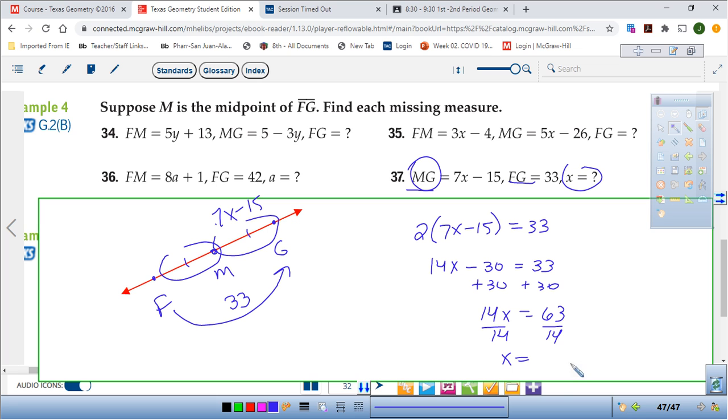X is equal to... I don't know what that is. Okay, we'll leave it like that. 9/2.